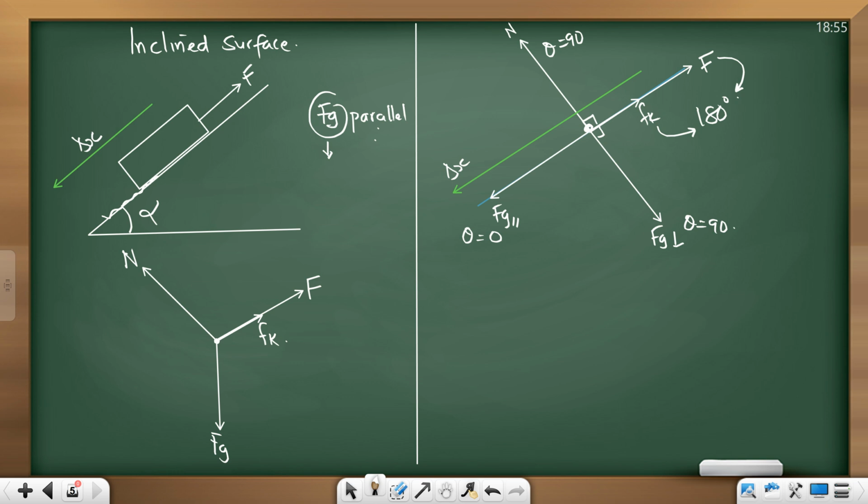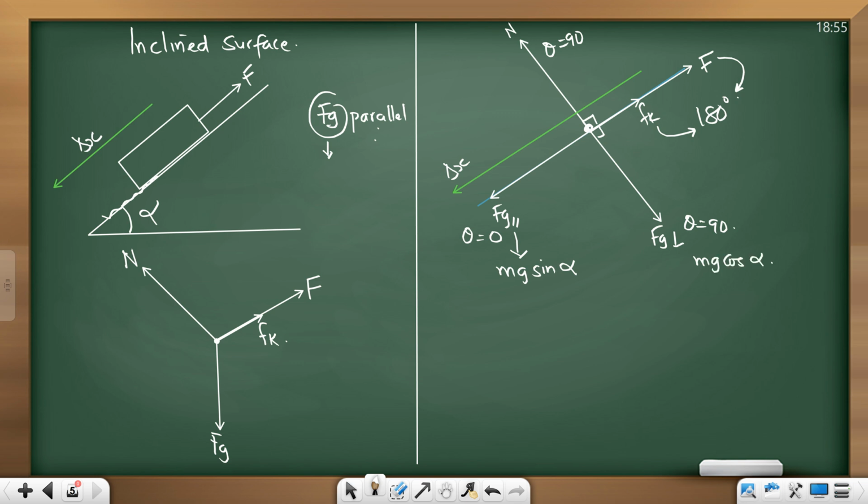Now, quickly, grade 11 again. What is my FG parallel? MG sine alpha. I know you were pausing. You're already saying theta in your heart. MG sine what? Alpha. And what is this one? MG cos.